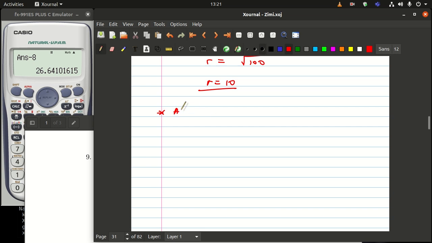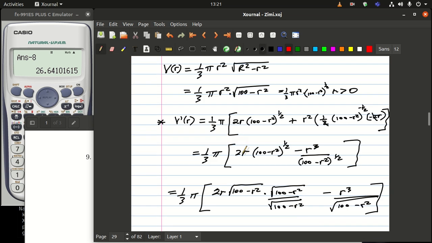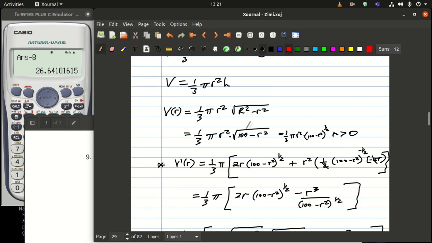So we want to evaluate the volume when r is equal to 0, the volume when r is equal to the square root of 200 over 3, and we also want to check the volume when r is equal to 10. So these are the things that we wanted to check. What was the volume? So this was the formula for the volume.